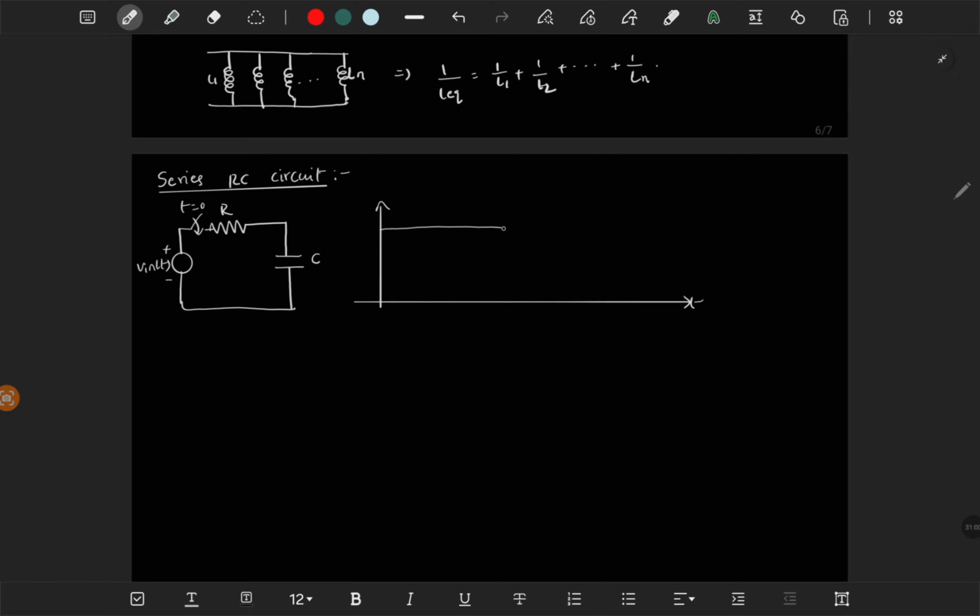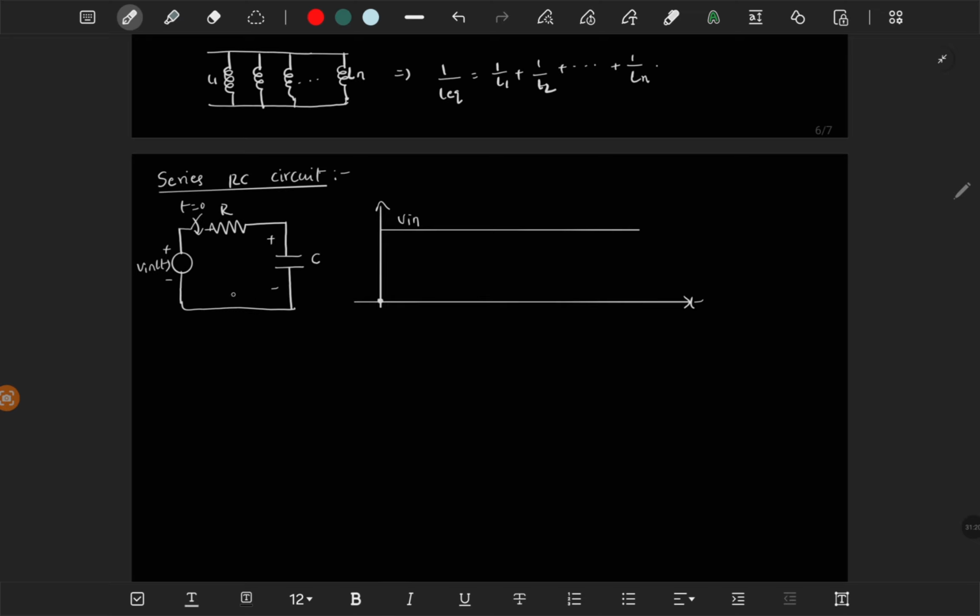So you are giving a DC voltage after time t is equal to 0, which means you are giving a step input with some, let's say, DC value of Vin. Then what is the voltage across the capacitor?